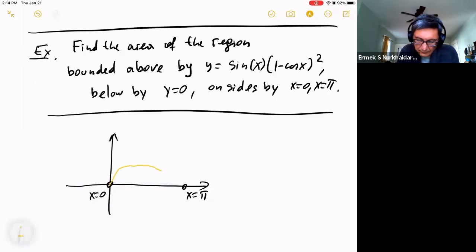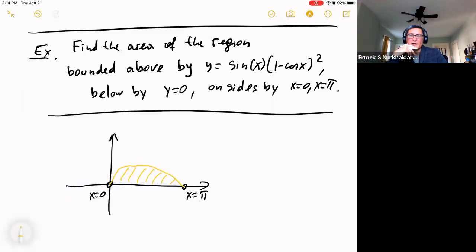Correct? And we're looking for this region. You can get a better idea how the curve looks like using a graphing calculator, but for our purposes, that's good enough.